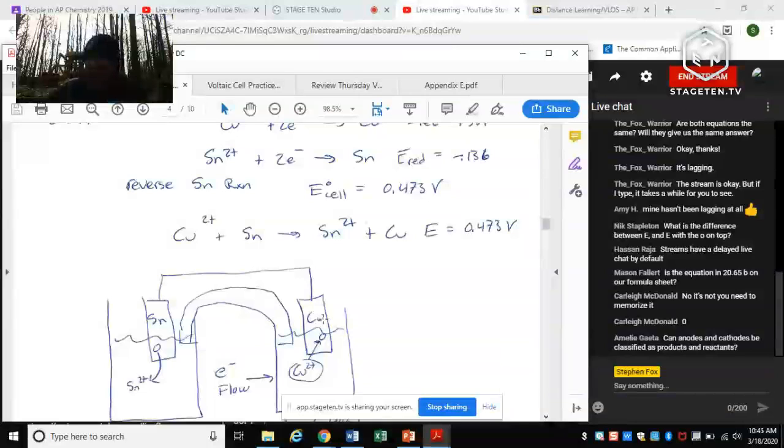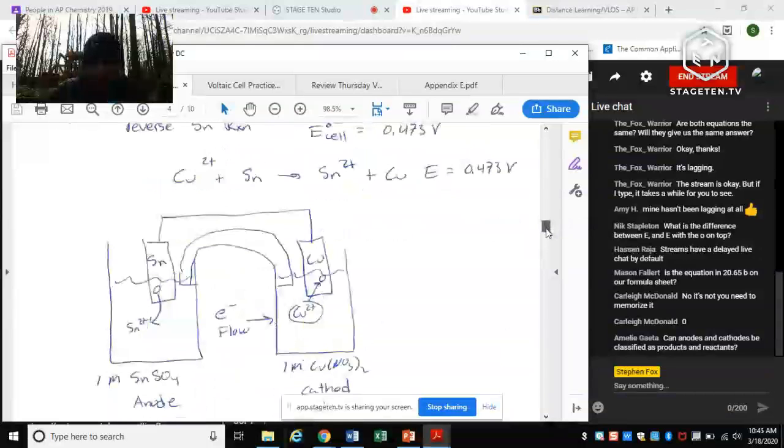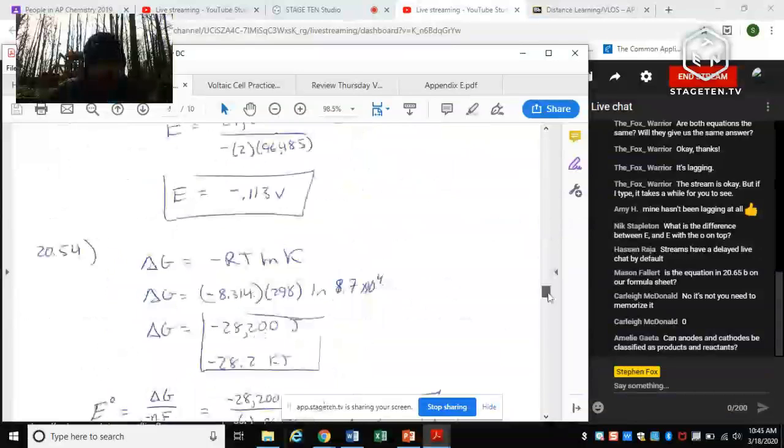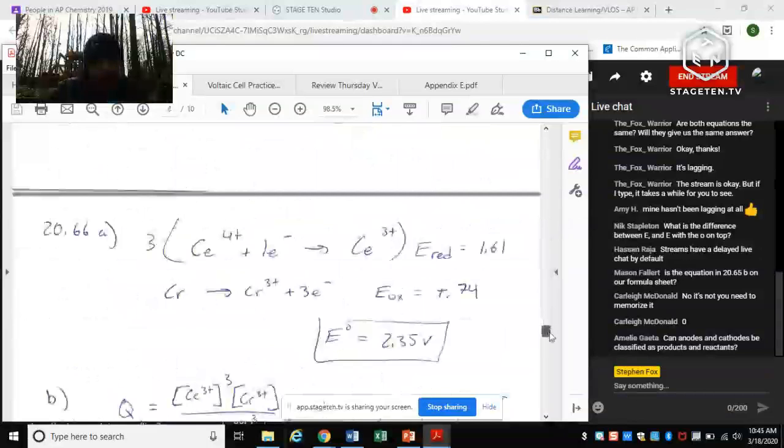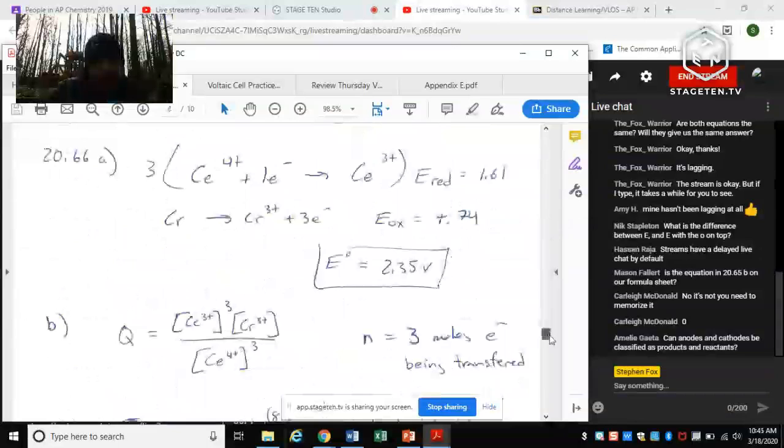Okay. All right. So let's go back to the Nernst equation here. What I want you to notice is what Q is equal to, if you look at the overall reaction.